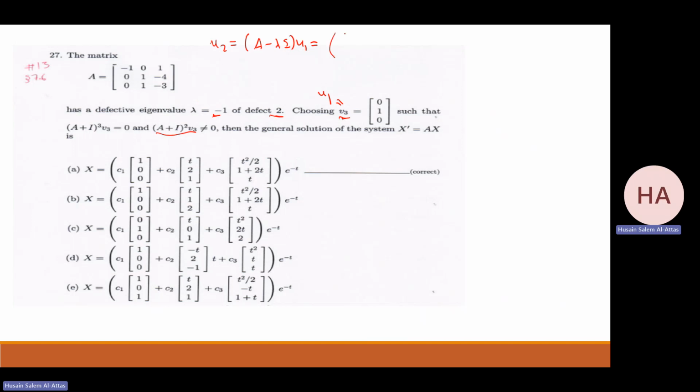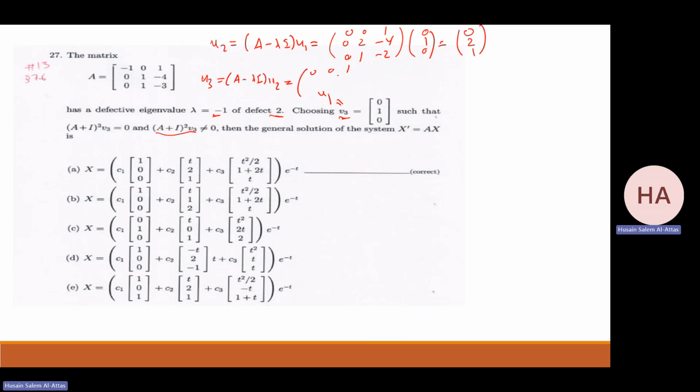So minus 1, that will be 0, 0, 1, 0, 2 minus 4, 1 minus 1, 0, 1, minus 3 plus 1, that will be minus 2, times U1, which was 0, 1, 0. That will be 0, 2, 1. Now U3 will be A minus lambda I U2.